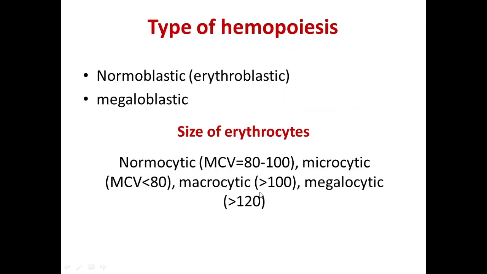According to type of hemopoiesis, anemias are divided into normoblastic and megaloblastic. According to the size of erythrocytes, anemias can be normocytic, microcytic, macrocytic, and megalocytic.